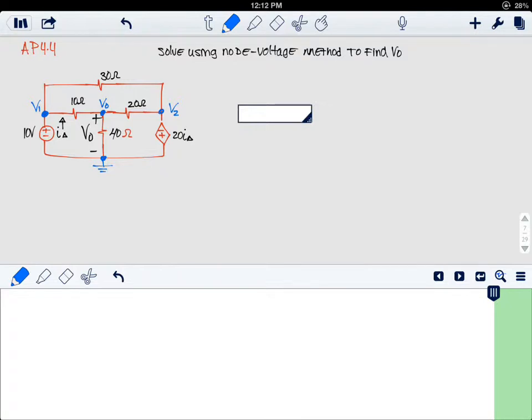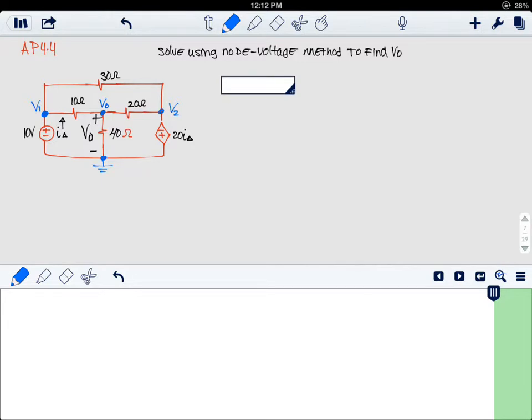But due to the fact that you have a current dependent voltage source here, we're going to go another route.